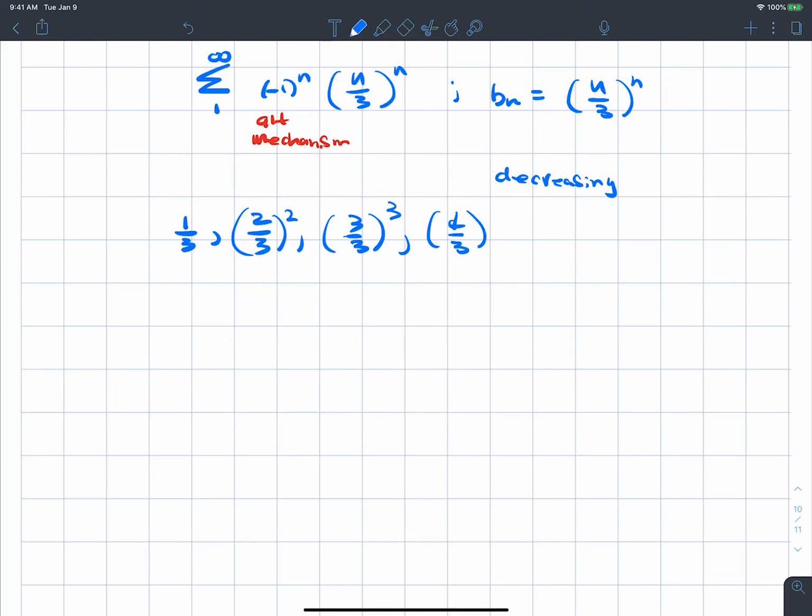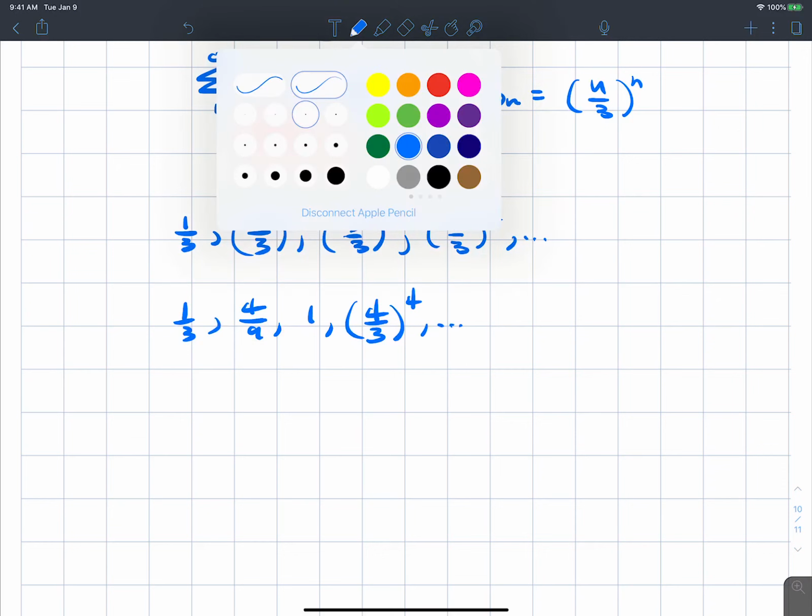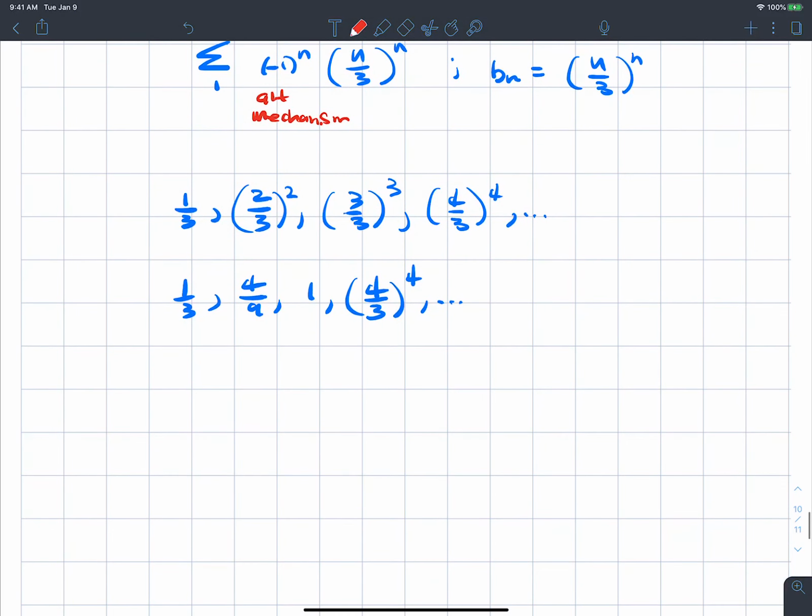And then 4 over 3 to the fourth. And that goes on forever. So I get 1/3, 4/9, 1. And then we get this 4 over thirds, which is bigger than 1, by the way, raised to the first power. So we have a... Oh, I take it back. We have what? This is increasing. These terms are increasing, ladies and gentlemen.